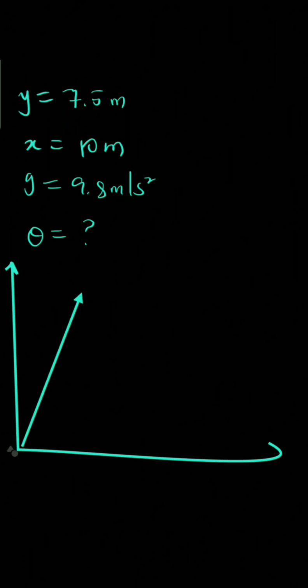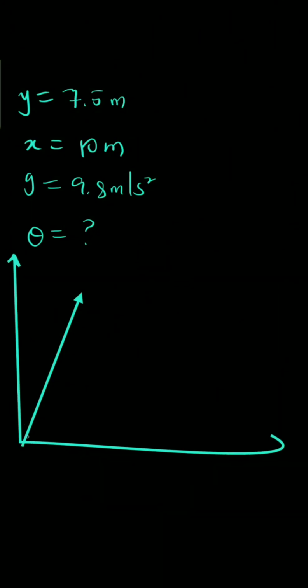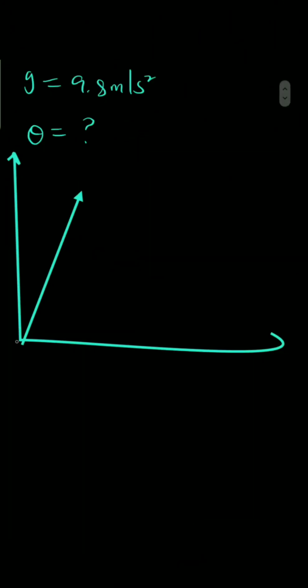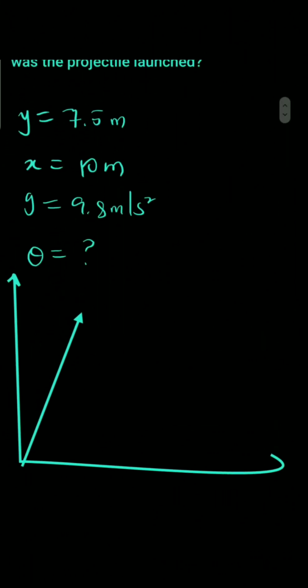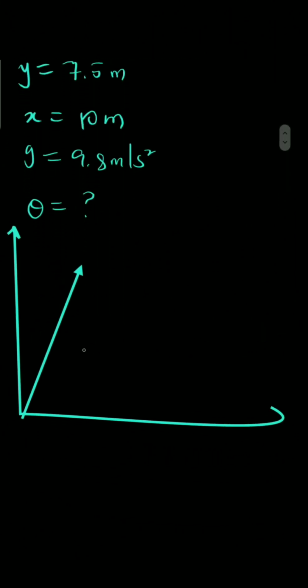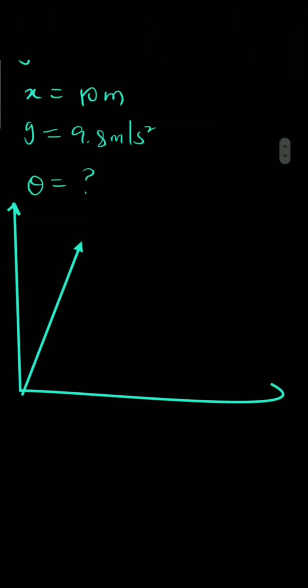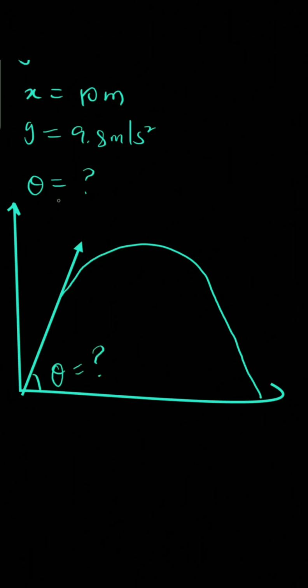We'll draw this line representing the initial speed at which the projectile is traveling, and also I will draw the trajectory for the same projectile, which moves like this. Then the angle of projection here is the one we're looking for.